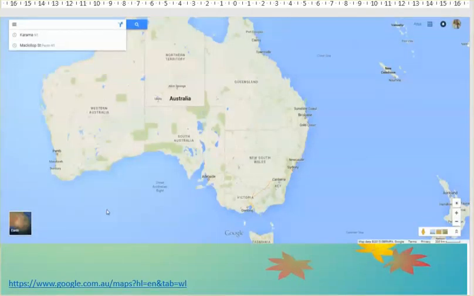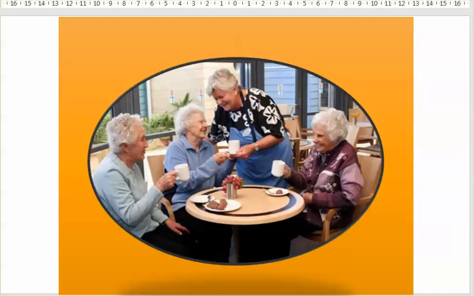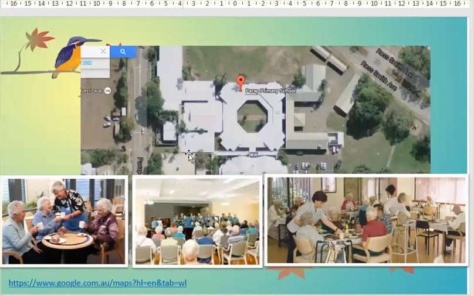And then, after you've gone through that Google Maps, you can start narrowing the focus and showing students, this is the block, this is our Parap school, the primary school in Darwin. And then you can show that there are other things around the school. Maybe some cultural group community forum might be happening somewhere there.